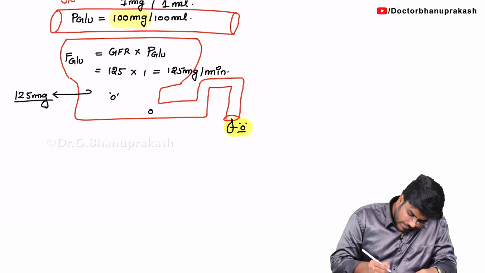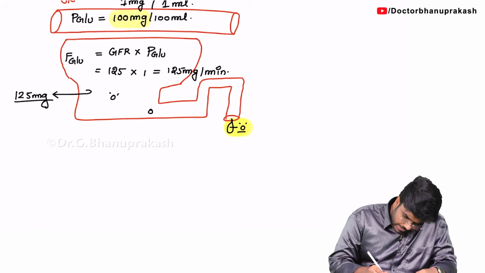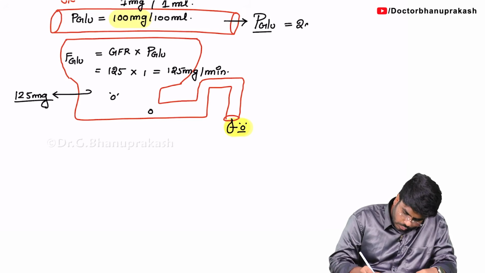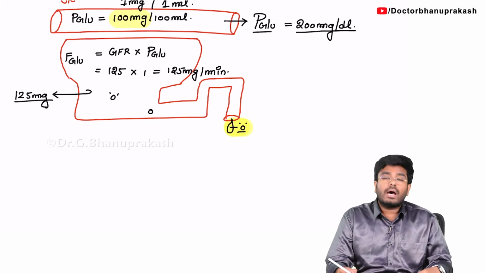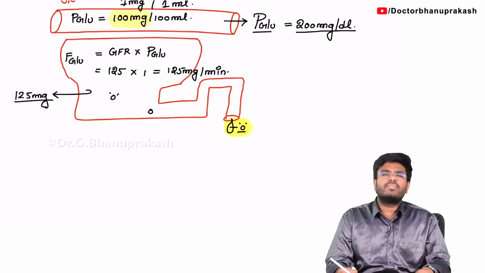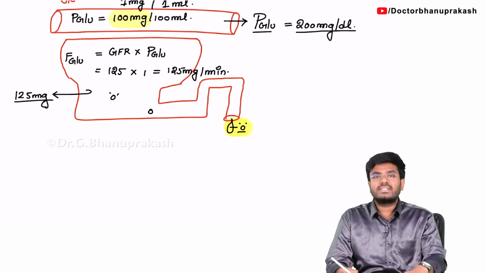See, if you increase the plasma glucose value to 200 milligrams per deciliter, meaning 200 milligrams per 100 ml, now more glucose is going to get filtered. Yes or no? More glucose is getting filtered every minute.